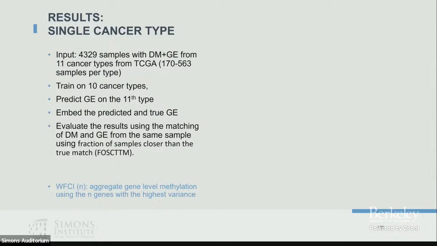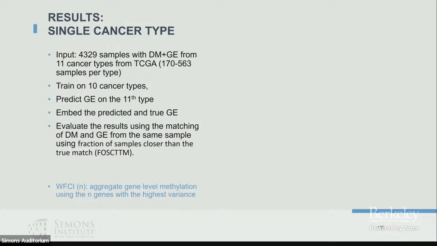Here are the results. First result, so we looked at 11 cancer types from TCGA. And what we did here is to use the training on 10 cancer types, leaving aside the 11th, and then do the prediction on the 11th and the embedding.